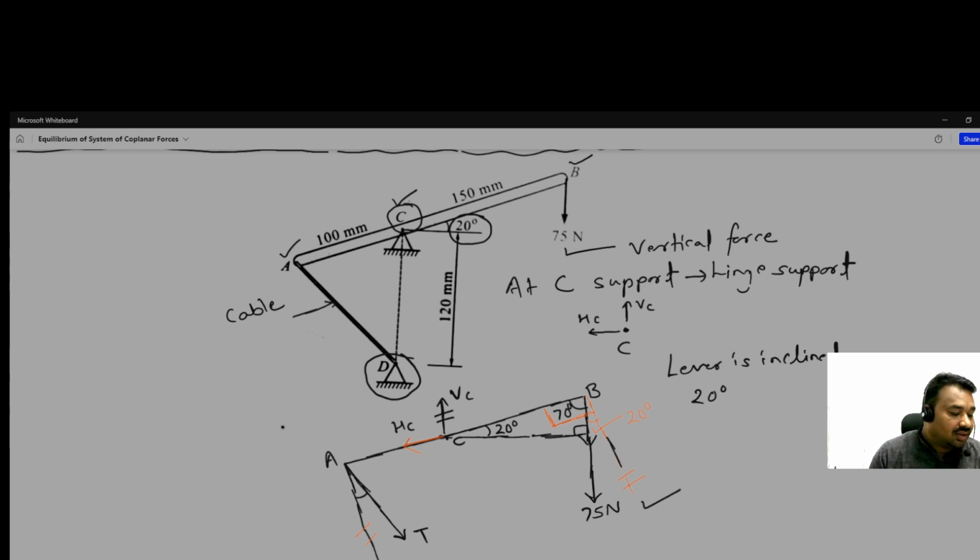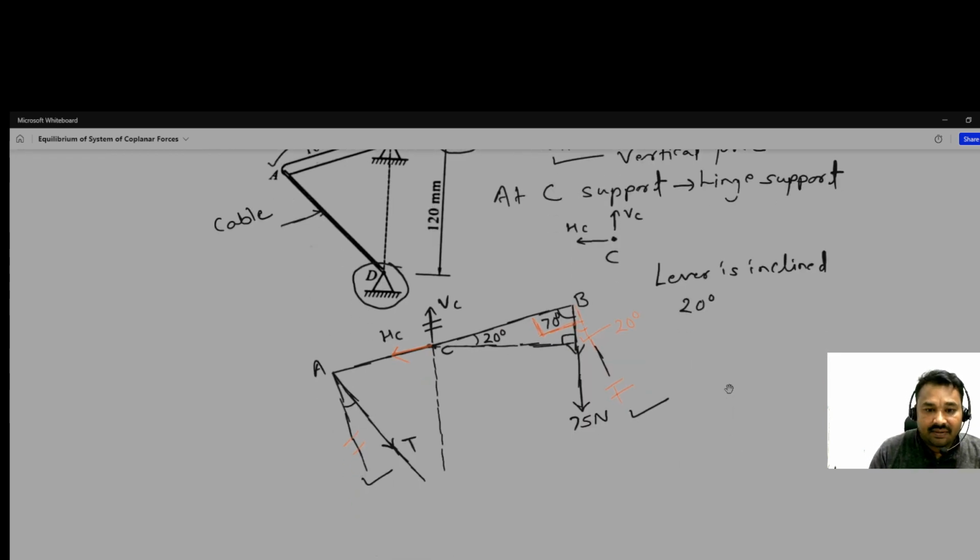Okay, so what we have to do for this, let us draw from here. Let us extend it so that this line meets this.